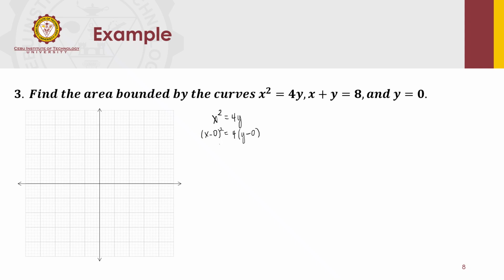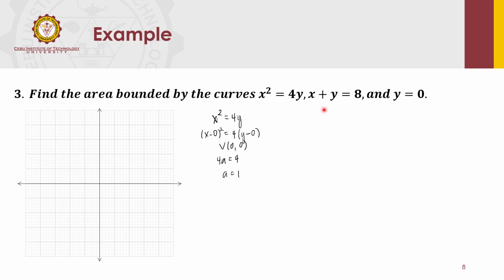Therefore, the vertex is at 0, 0. And 4a is equal to 4, or a is just equal to 1. There are cases wherein it's not necessary to solve for a and locate the focus, especially if there are other curves that are involved in setting the boundary of the area.